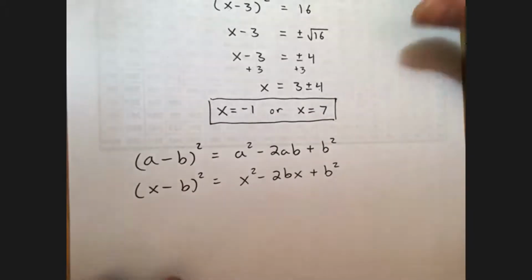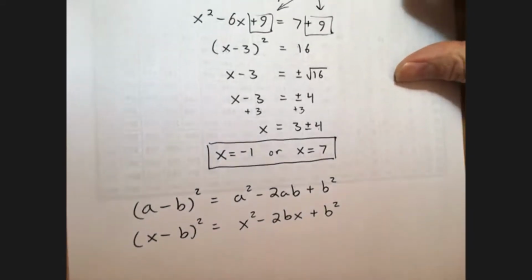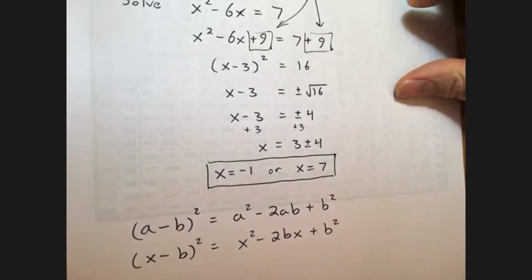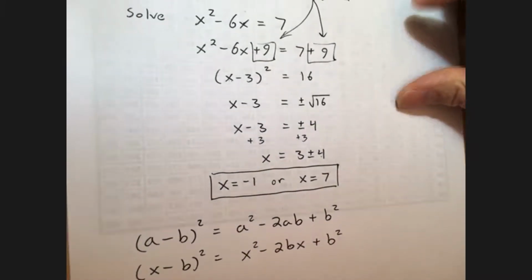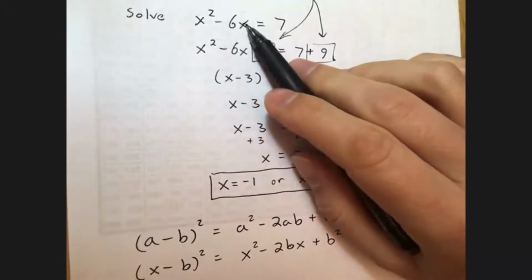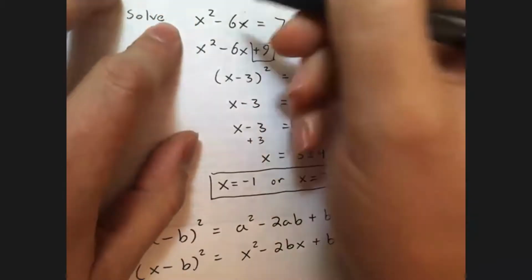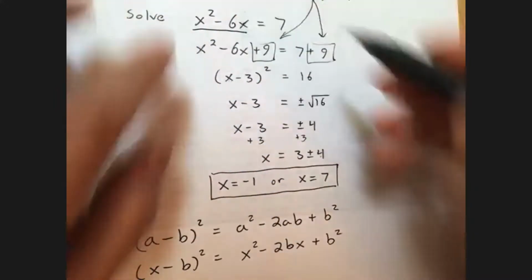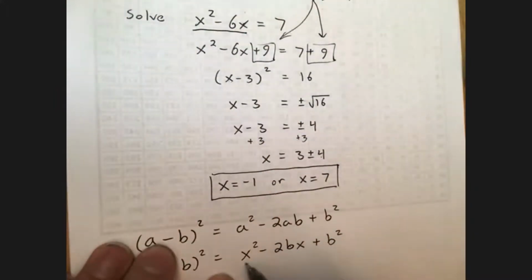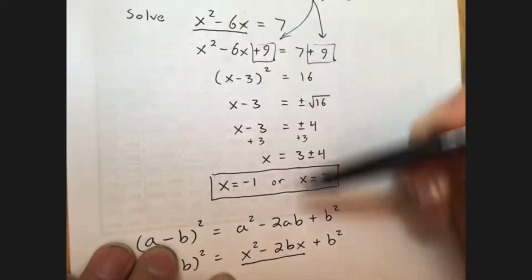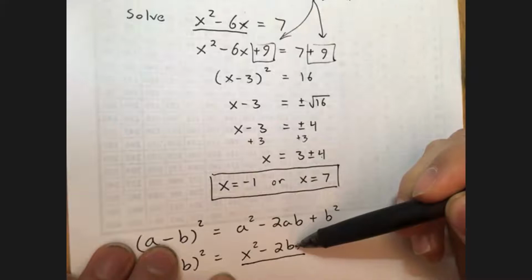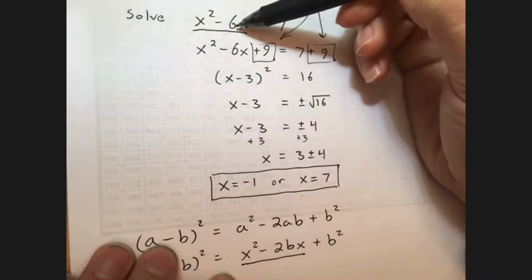So let's look back at the problem we had here. I had x squared minus 6x. What I'm doing is matching this thing right here to this right here. And I'm asking, what does b have to be in order to get the 6?